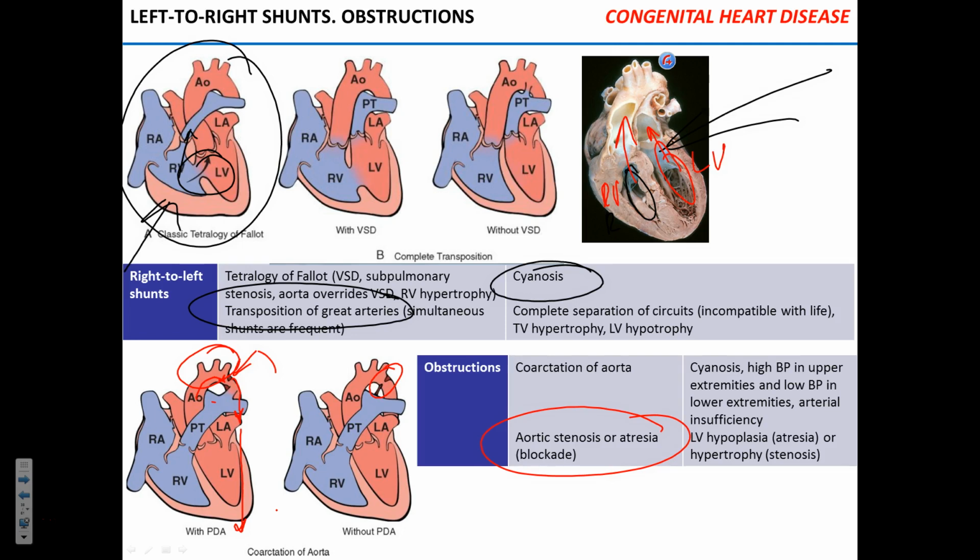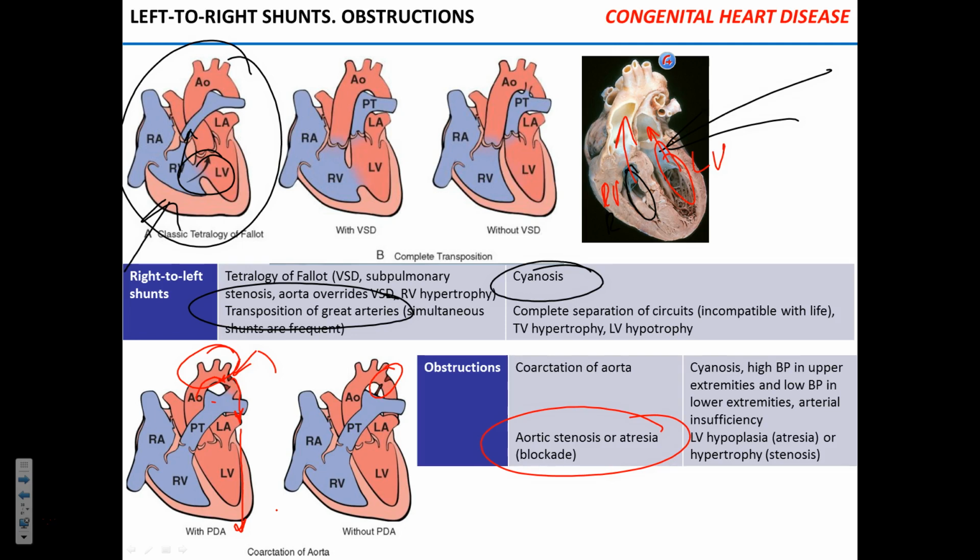It can be atherosclerosis, it can be damage to the wall, many reasons. Atresia is almost lack of aorta, okay? Hypoplasia is when it's not properly formed. Does that make sense? So, what I want you to know about pathologies.